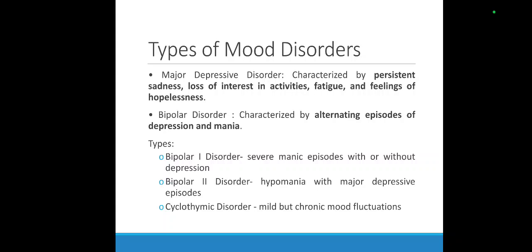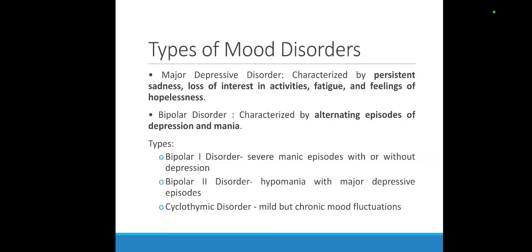So another type of mood disorder is your bipolar disorder. This is characterized by alternating episodes of depression and mania. So that's a combination of extreme sadness and extreme happiness. This has different types: bipolar 1, bipolar 2, and cyclothymic disorder. Bipolar 1 has severe manic episodes with or without depression.